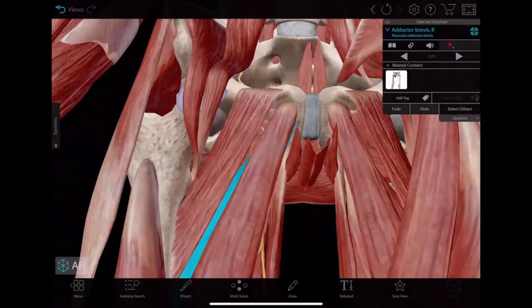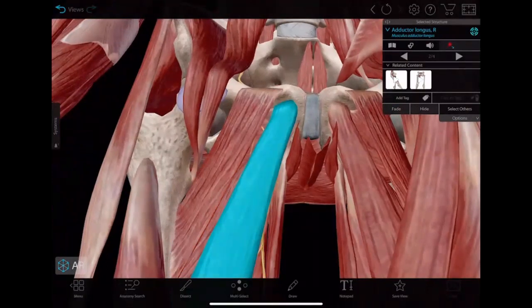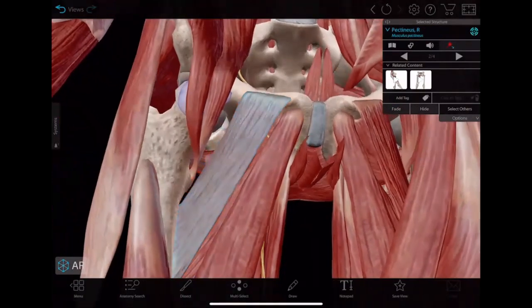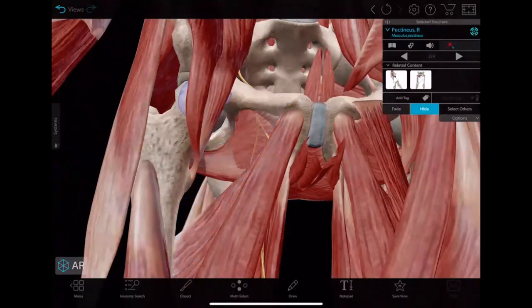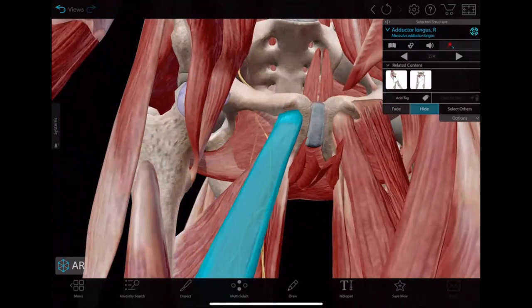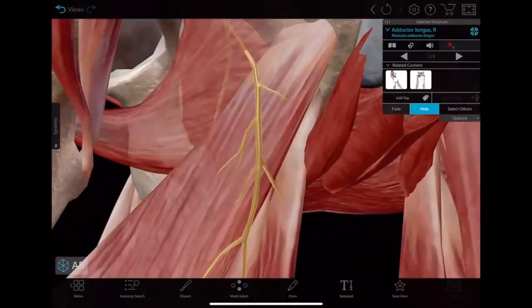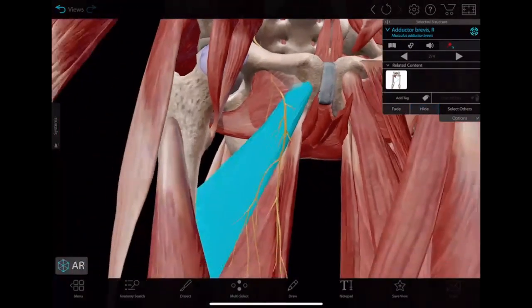So this one is longus and this one is pectineus. So it is between pectineus, adductor longus and adductor brevis, that is the anterior branch. Okay, let's remove them, adductor longus and pectineus. So that is the anterior branch, and this one is adductor brevis.